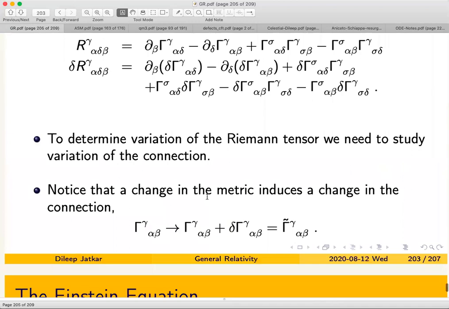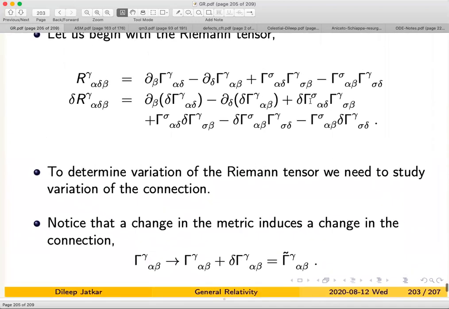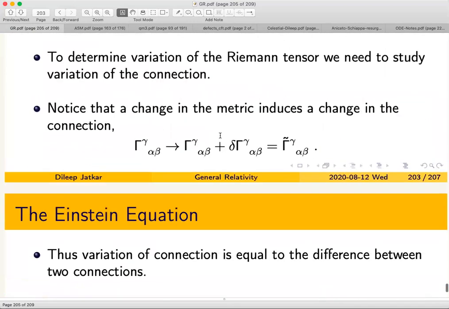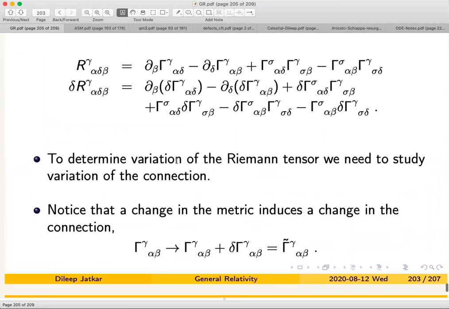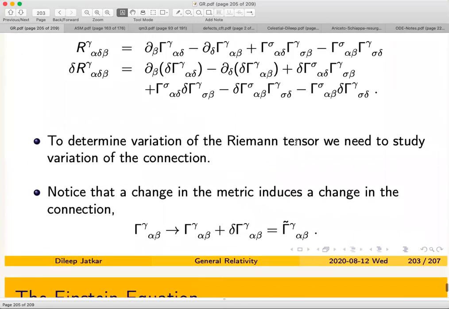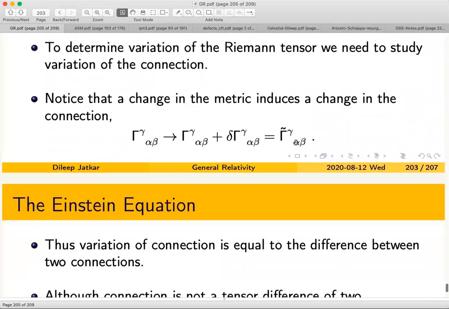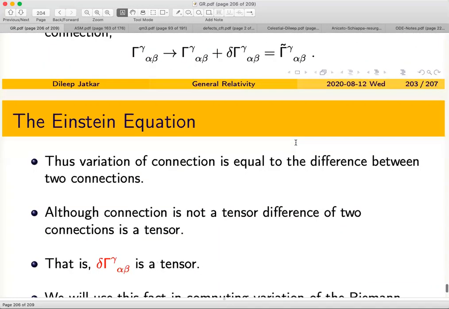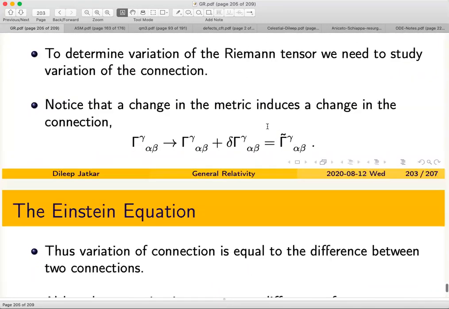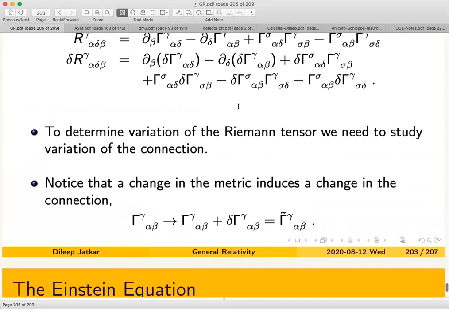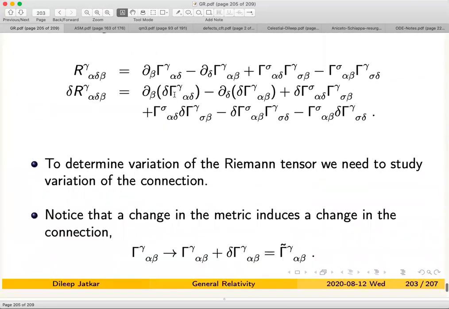Now remember we have delta gamma sitting around at various places. So we will utilize the fact that delta gamma is a tensor and try to see whether this expression can be written in a more elegant form. Now delta gamma is a tensor, definitely.